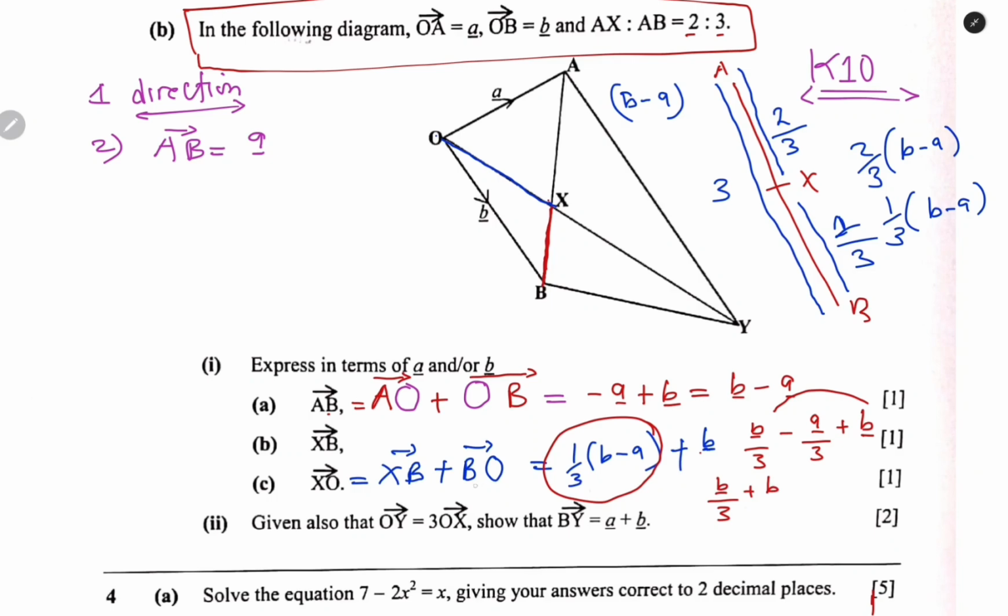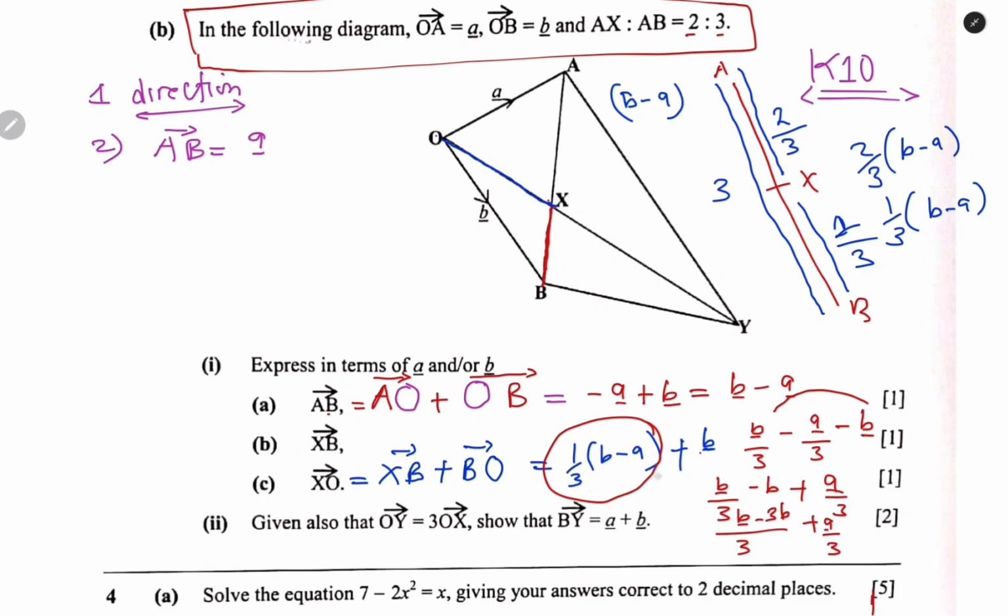Let us see. BO. Okay, we are going in the opposite direction. So this is minus B. Okay, so here, even here was supposed to be minus B. Okay, then plus A. So now here, these are like terms. We can say lowest is 3. B, then minus 3B. Then plus A over 3.